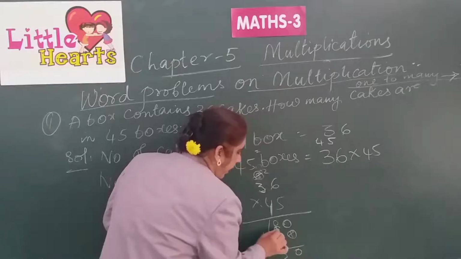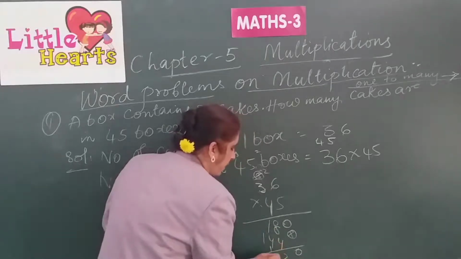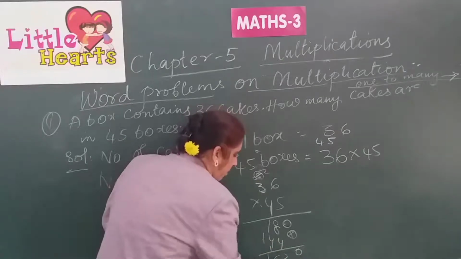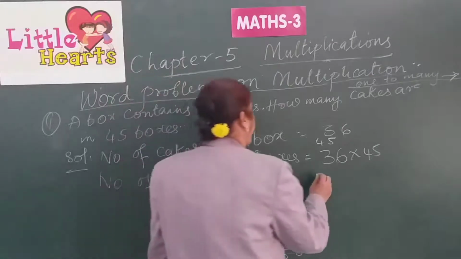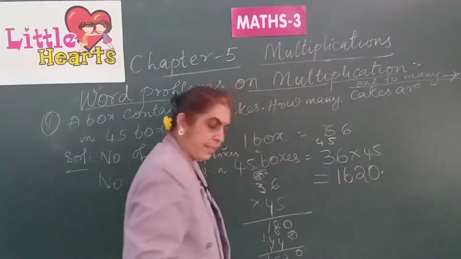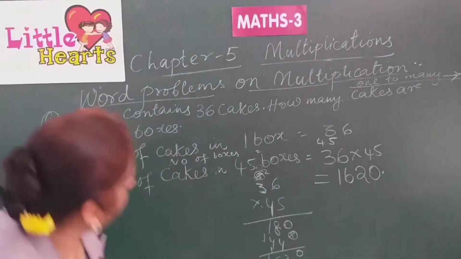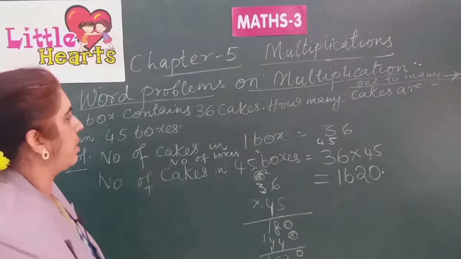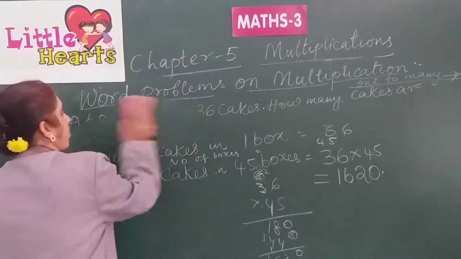A 0, 8 plus 4, 12, carry 1. 1 plus 4, 5, 5 plus 1, 6. 1 bring down. Thousands place, there is no digit to be added. 1. So number of cakes in 45 boxes is 1620. In this way you can solve problems on multiplication.